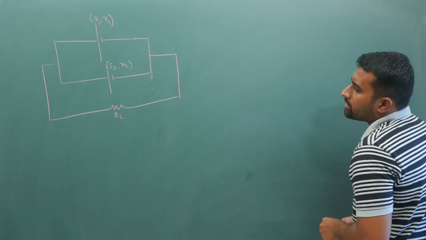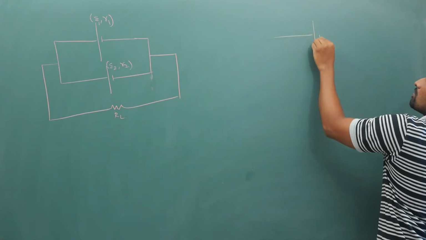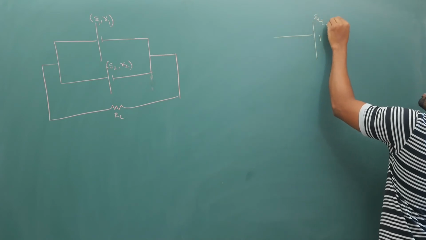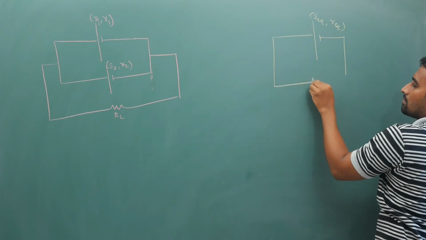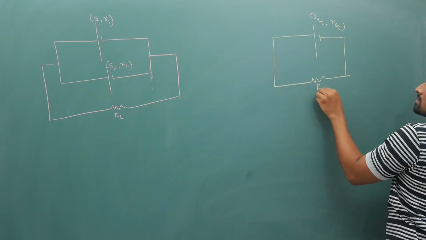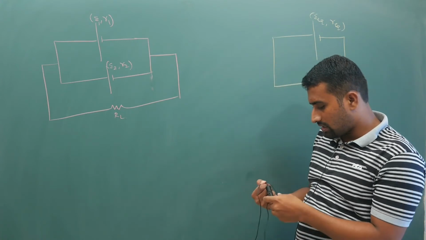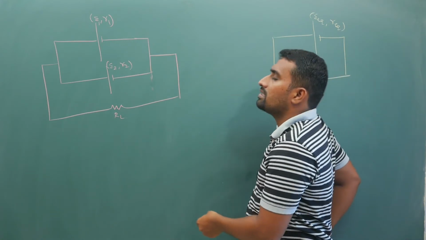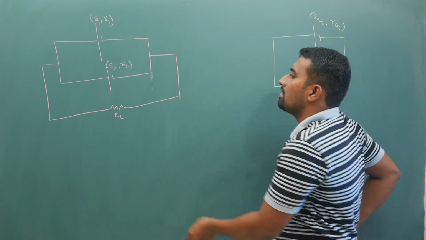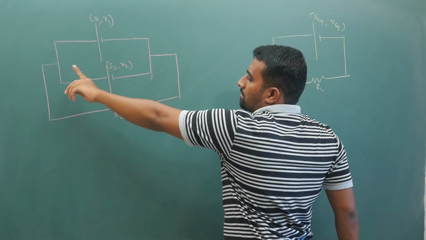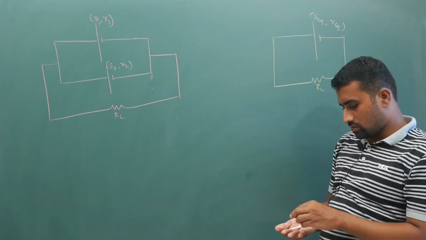You are going to replace this with a single cell whose EMF is E equivalent, internal resistance is R equivalent, and load resistance is R load. Here your cells are supporting each other. When these 2 EMFs are on one side, if you look at this figure, these 2 positive terminals are connected to this side, and the resultant will also have it connected to the same side.